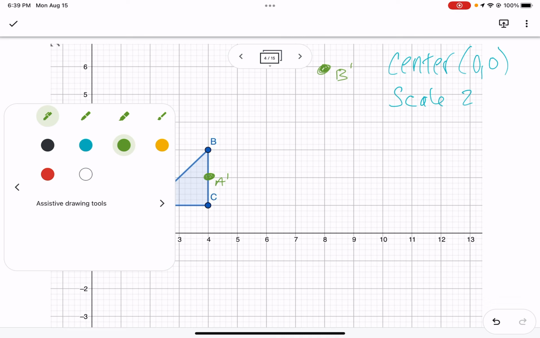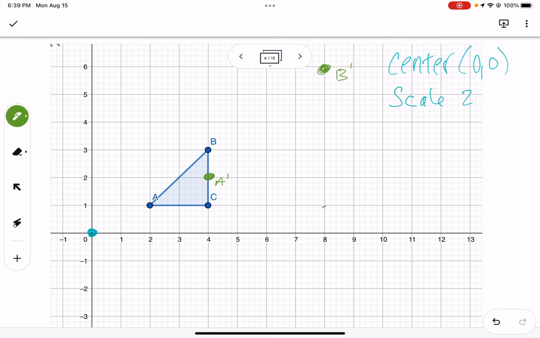Okay, so let's put that right here. This is C prime, and then sketch. Okay, triangle A prime, B prime, C prime is a dilation of triangle ABC.